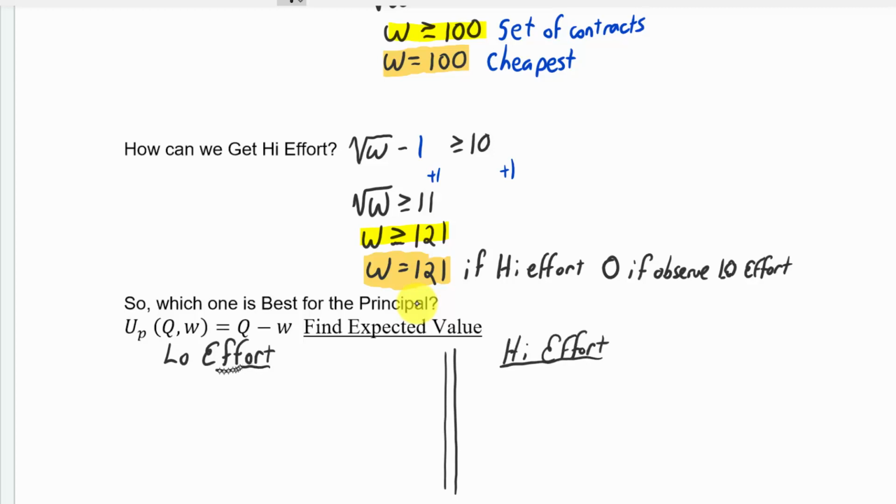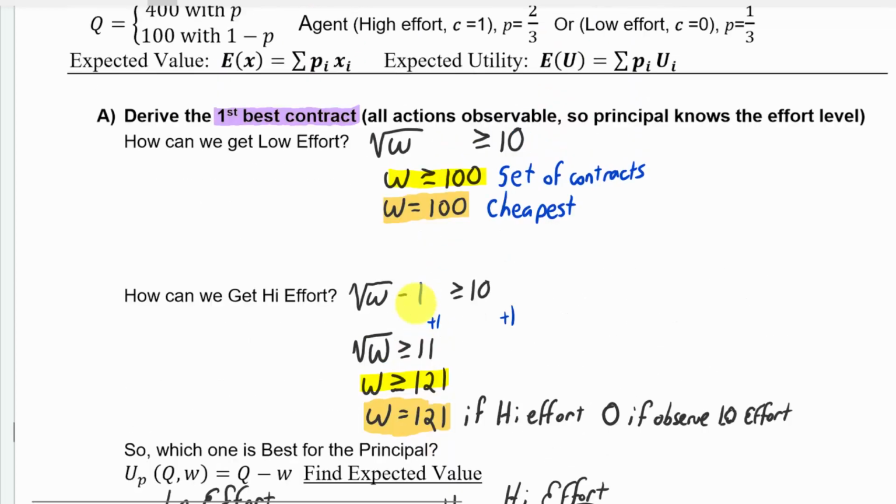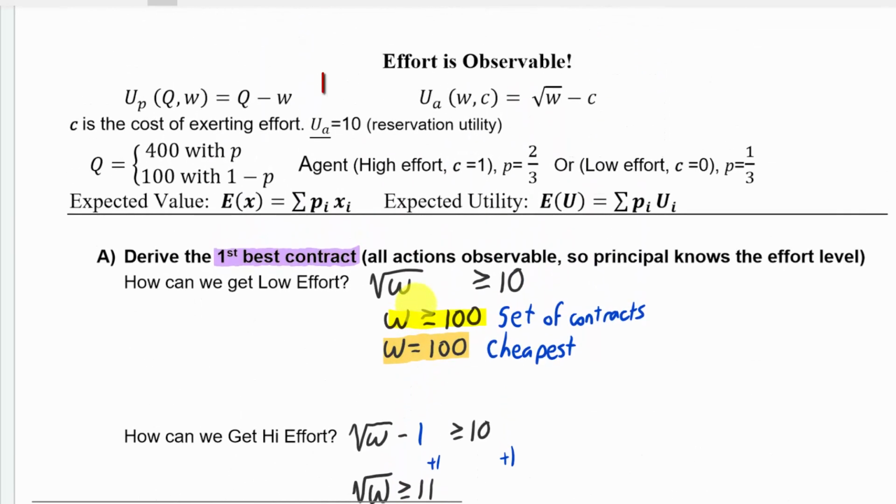Okay, so if we hired the person to provide low effort, our utility function as the principal, remember, is this function, the amount of output minus the wage, but the output is random. We could get 400, we could get 100, and if we're paying the agent to give us low effort, then the probability of the high output will be only 1/3.